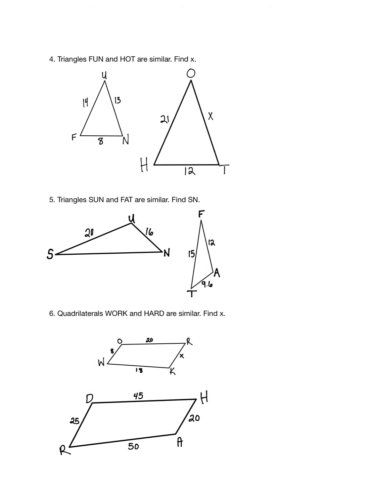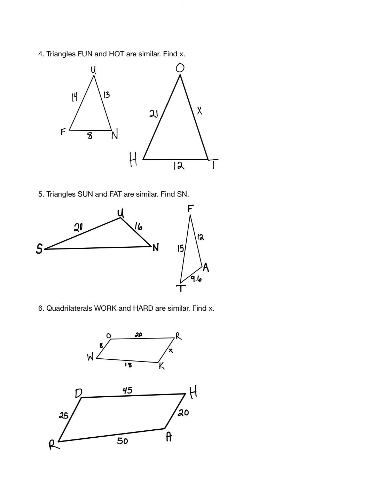Come on over here to number 4. Triangles fun and hot are similar. Find x. So these are similar triangles. X is on the O to T. So O to T is going to be similar to U to N. So we can set up our proportion as x over 13, because x 13, okay?